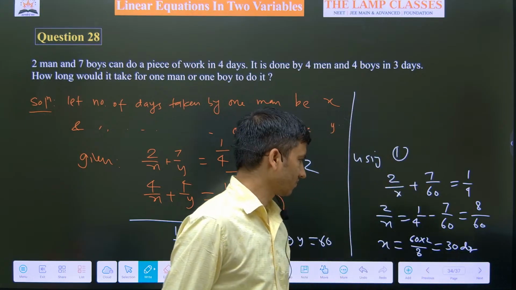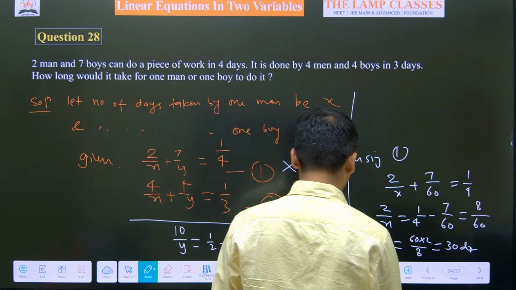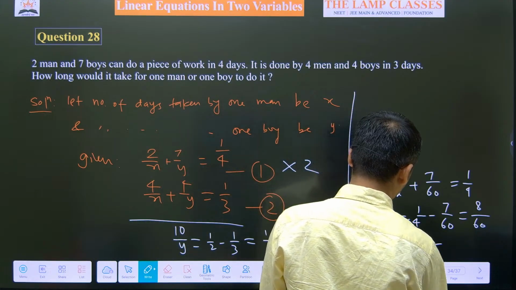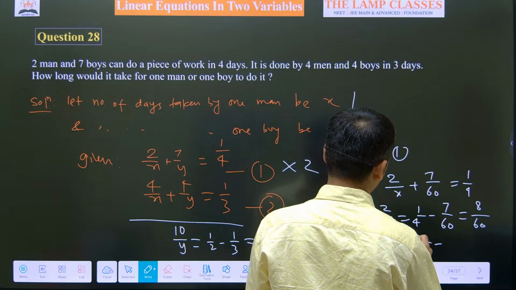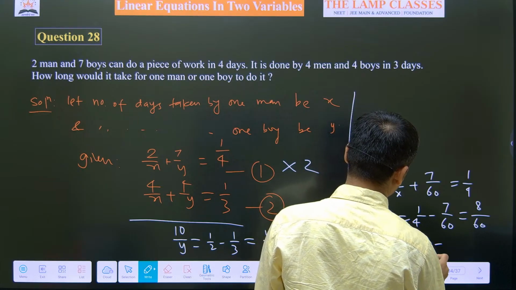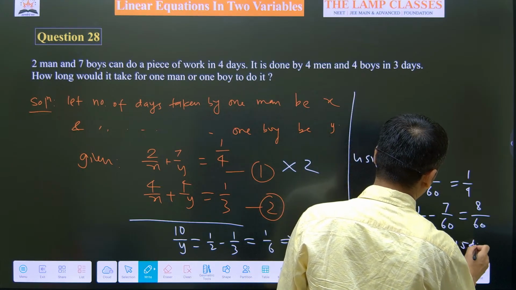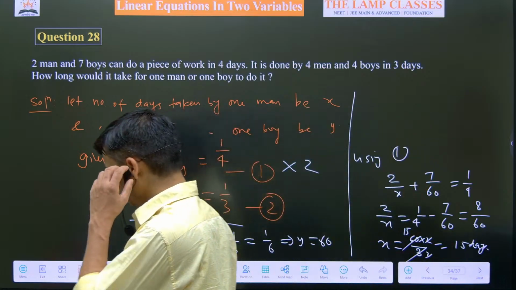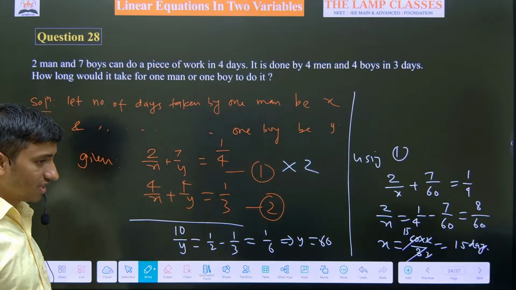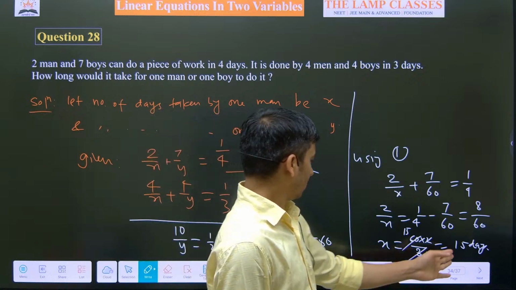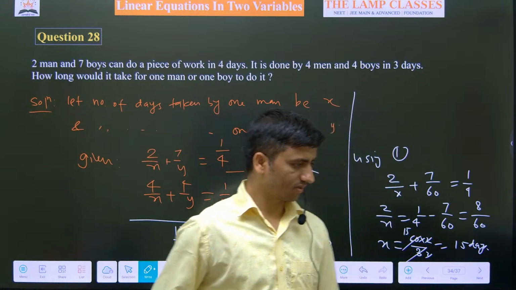So x is 15 days. So one boy will take 60 days to complete the same work and a man will take 15 days.